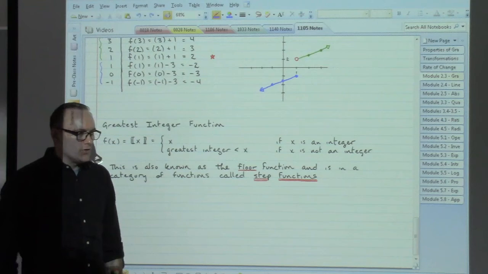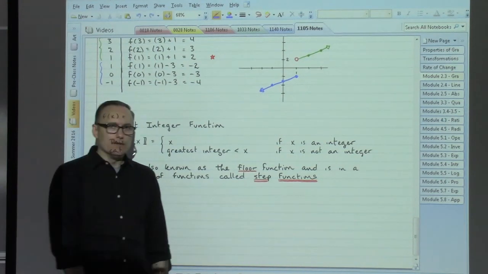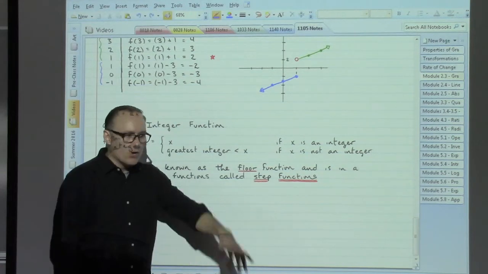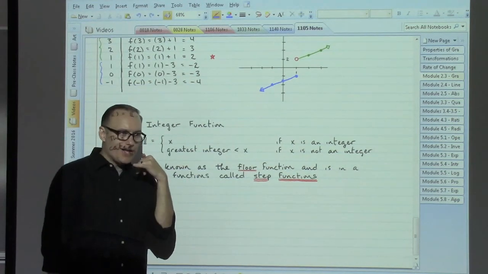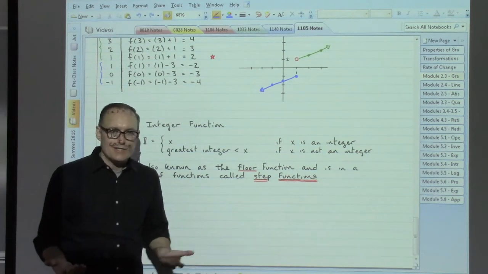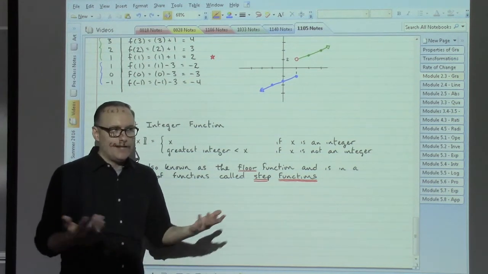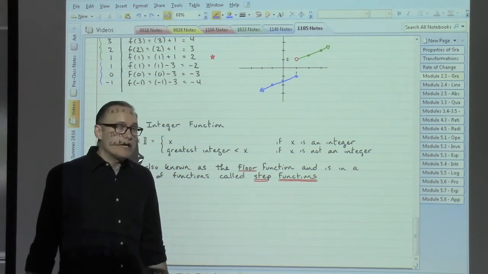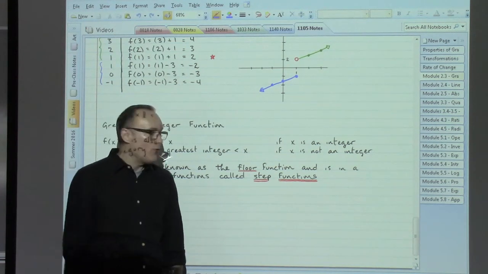This is something that also used to apply to phone bills, back when people used to actually make long distance phone calls. They'd go, I had a long distance phone call, I was on there for 63 minutes and 45 seconds. Are they going to charge me for the 63 minutes or are they going to charge me for 64?